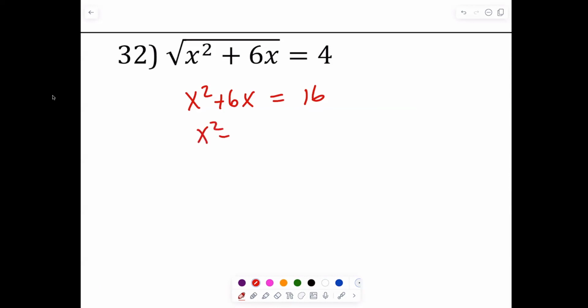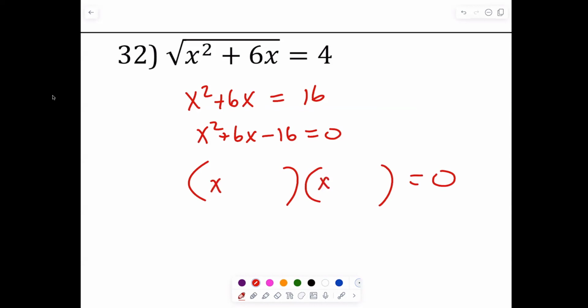So x squared plus 6x minus 16 equals 0. Now I need to determine what are the factors of 16 that make 6? 8 and 2. So x, what else? What kind of 8? What kind of 2? Positive 8 and negative 2.